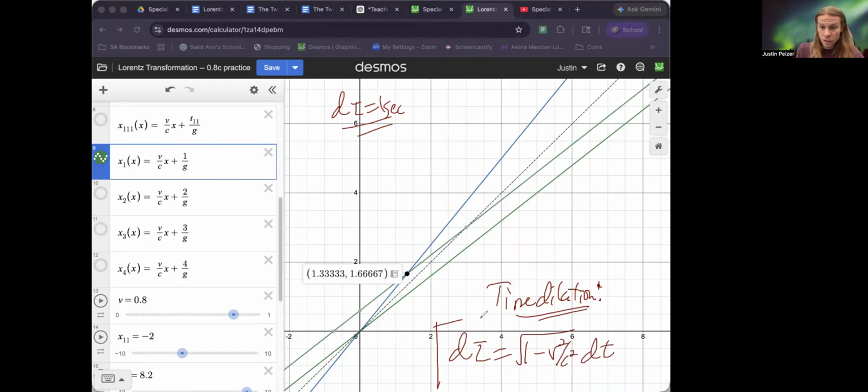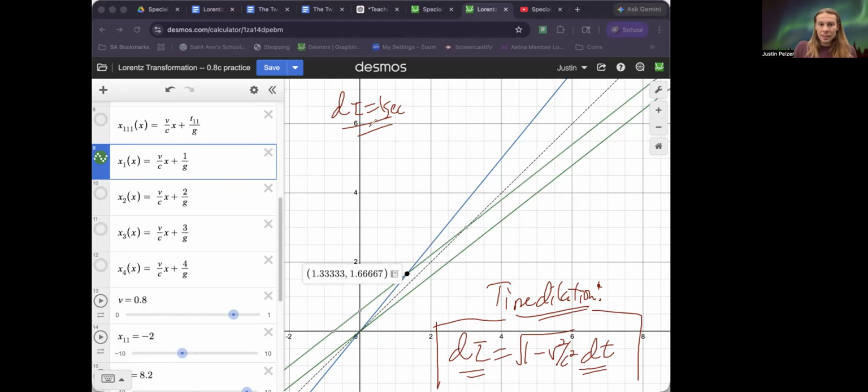Please know this. This is the last formula. This is the same thing as the space-time interval, but we're solving for d tau in terms of dt. I'll refer to the last video and our class notes for exactly how to derive this, but it's pretty straightforward.